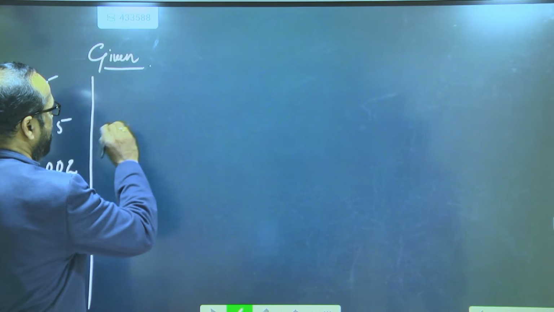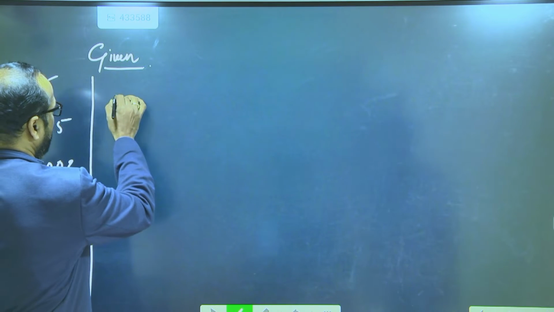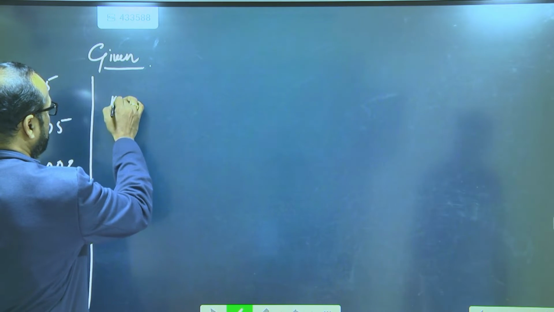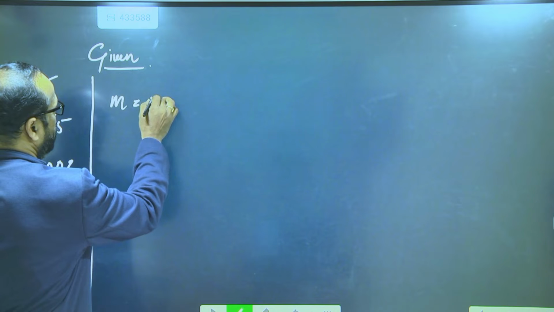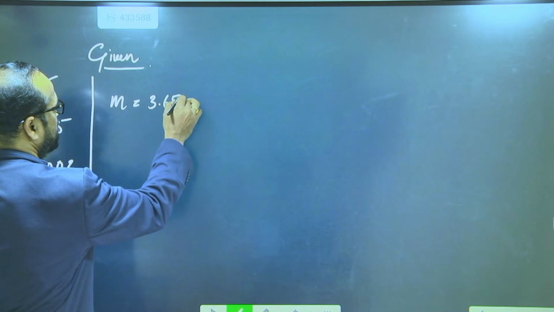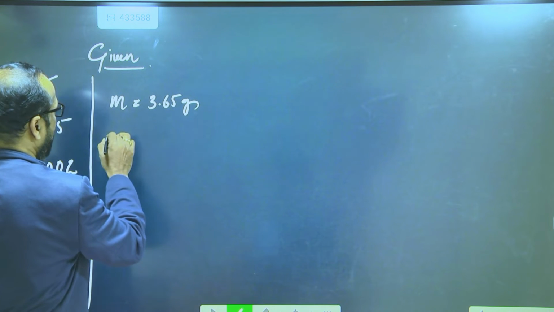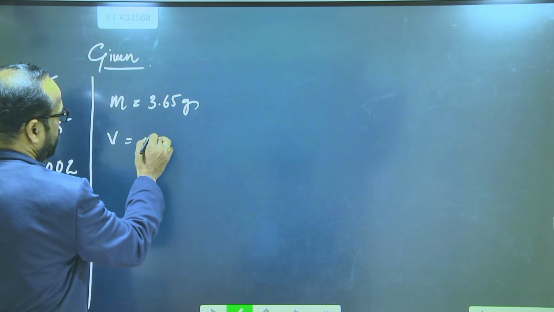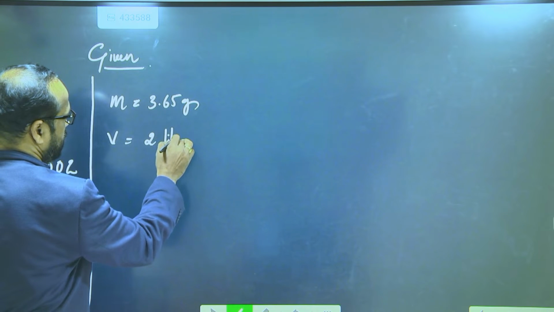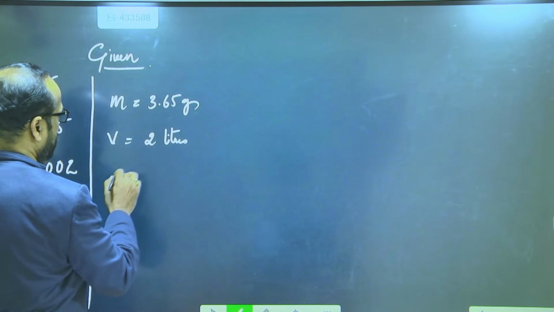So here I'm doing it, you also do, and you say the option. Mass is equal to 3.65 grams, which is given, and the volume. What's the answer?